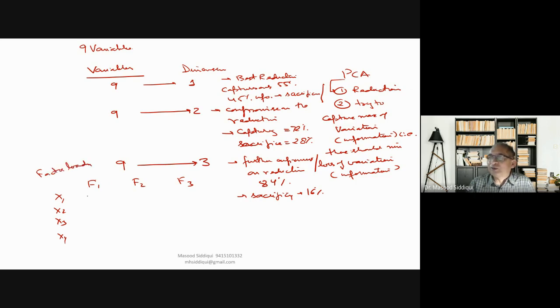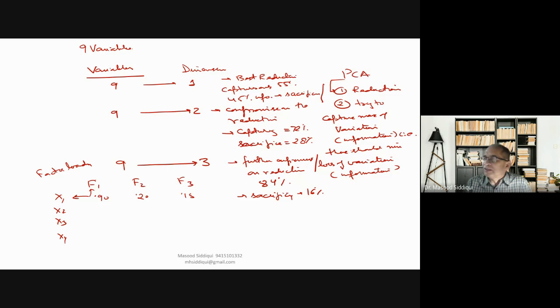actually represent the correlation coefficient between the variable X1 and the factor F1. Suppose this value is 0.90. It shows that there is a correlation coefficient of 0.90 between X1 and F1. In the same way, suppose this value is 0.20, and suppose this value is 0.15.